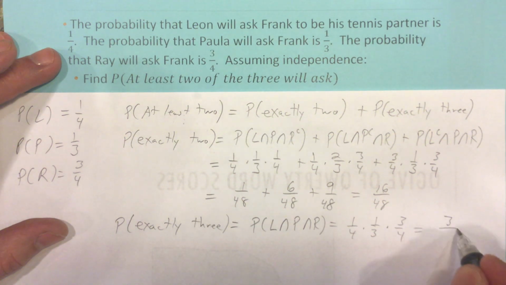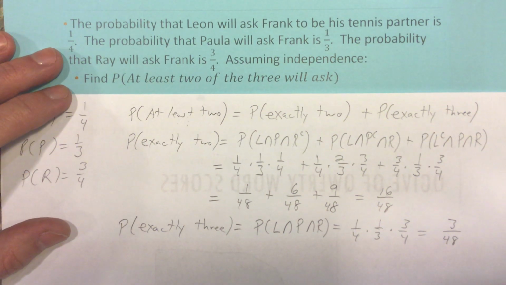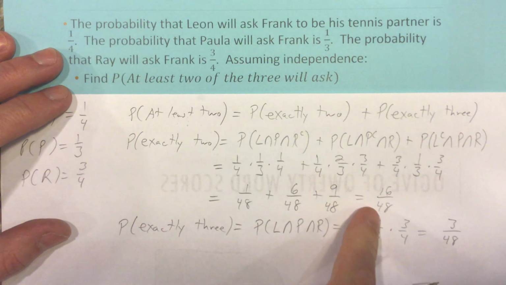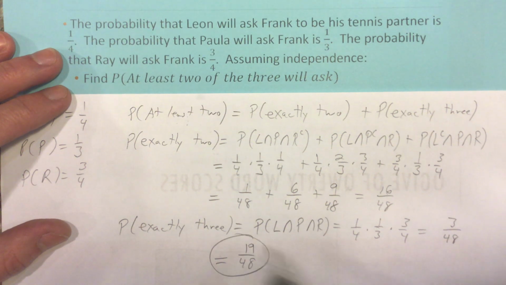Or in other words, 3 out of 48. And so now we can answer the question. Exactly 2 plus exactly 3. So our answer is 19 out of 48.